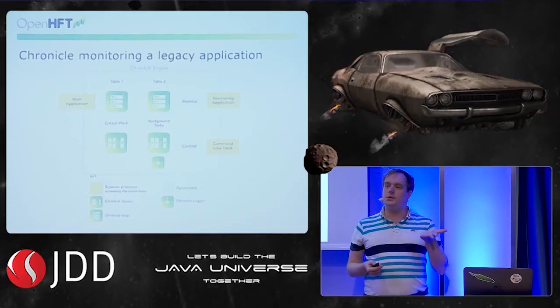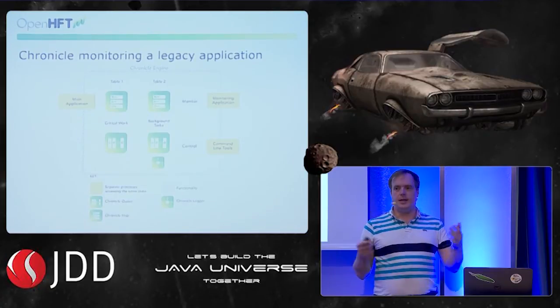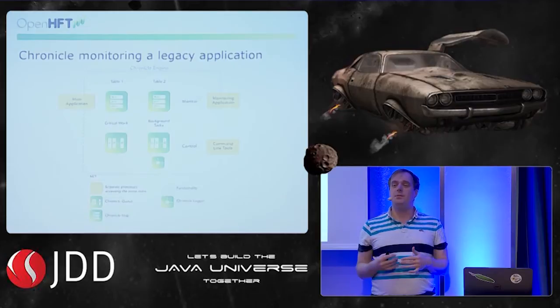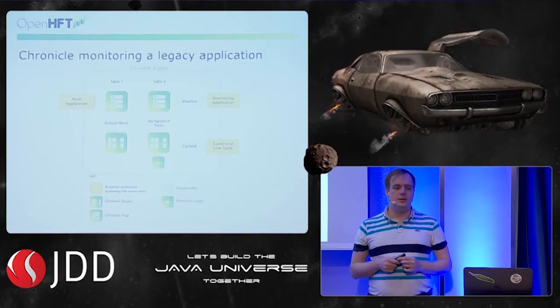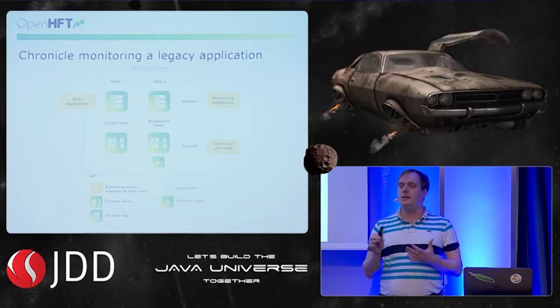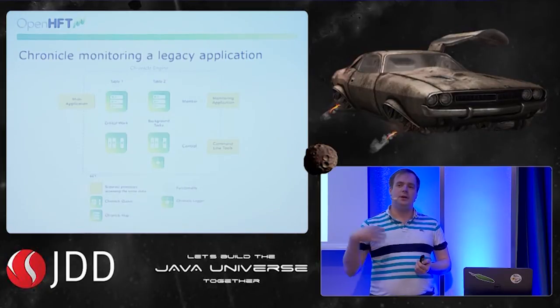Well, what you can do is run up another application. It's tapped into the same shared memory map files. It can see what your main program is doing, and it can do this with almost no impact to your main application. You can even do things like little command line utilities, because it's very quick to bring this up.